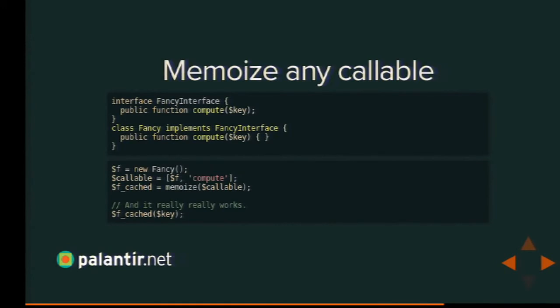So now we call fcached, and it's going to call that function that memoize produced, which will in turn call the compute method of our fancy object of f, save the result, and return it. We now have a tool that can cache the result of anything you can put parentheses after. And it took, like, what, 6 lines? 8 lines? That's what functional programming gets you as a concept.